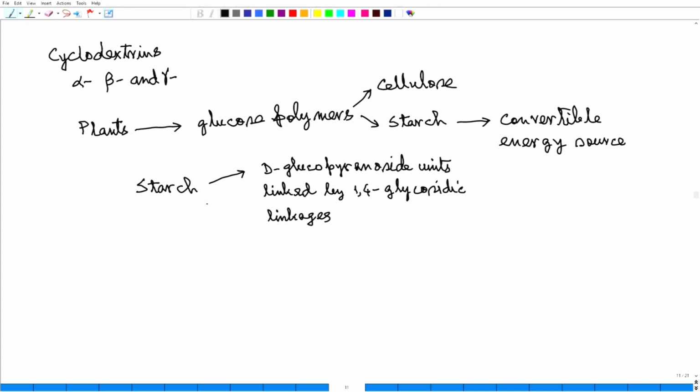While the other has both 1,4 and 1,6 glycosidic linkages.